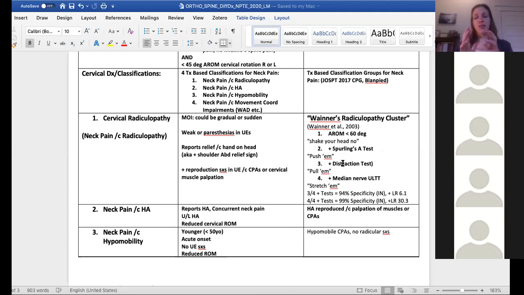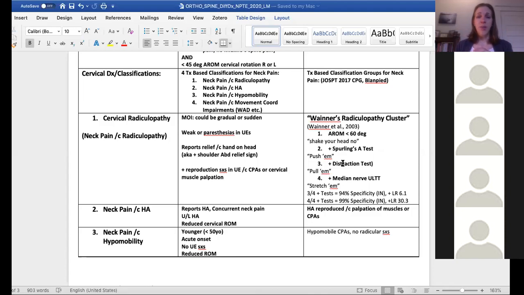So we're going to categorize them not necessarily on what structure we think is going on. We can classify according to a pathoanatomical model, but there is also this alternative model where we can classify based on what treatment we think they're going to respond best to. That's the aim of the schema.